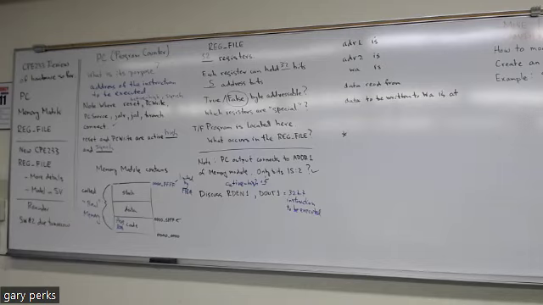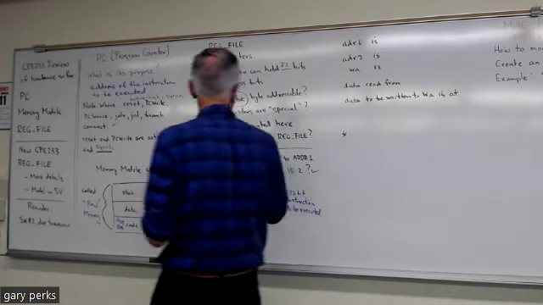Some have all three, some just have two of the three, some just have one. But any sort of operation, if you're changing data in any way, it happens within the reg file. So all operations happen within the reg file.